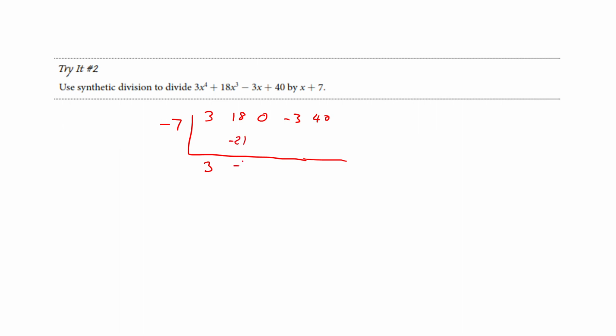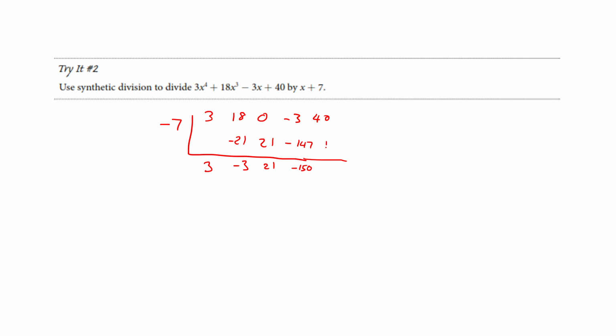Add them up. Now we multiply again, we get 21. The placeholder, that's just going to be a 21. Now they're getting big numbers and I've been doing this all day, so I'm going to get some help here. That gets me -147. Add them up, get -150.